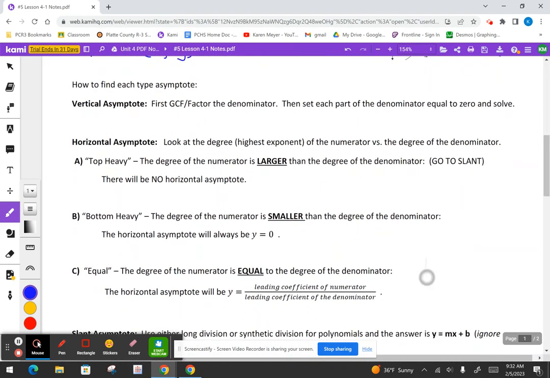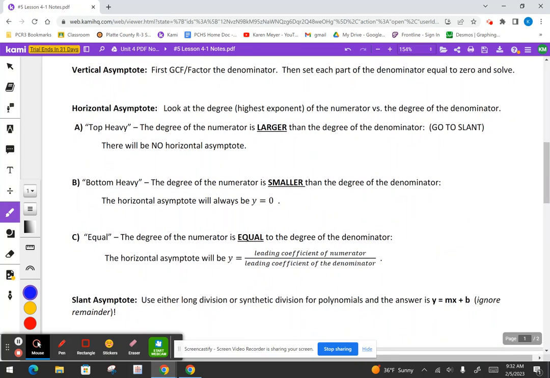Well, how do we find those? The first one is vertical, and we're going to go back to our fun topic of factoring and GCF. So factor, GCF, the top and the bottom. And then we're going to focus on the denominator for the vertical.